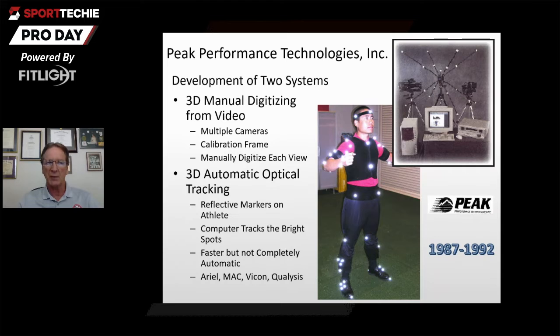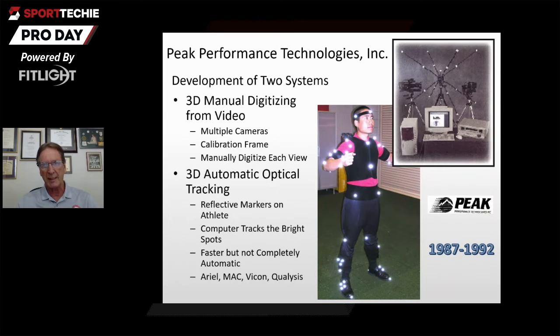So at the same time, we developed an automatic tracking system that would use cameras, and now it would use the reflective markers. So you can see the reflective markers fluorescing when a floodlight is shined upon them. Basically, the computer could find those bright spots and track them automatically. And so this cut down the labor from doing the manual digitizing to doing the automatic digitizing, made it much faster, but still it was not perfect because if a marker got hidden, for example, if you put your hand behind your back and the cameras couldn't see that point, then they can't track them.